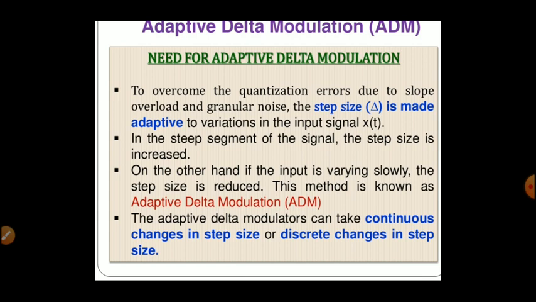On the other hand, if the input is varying slowly, the step size is reduced. This method is known as adaptive delta modulation. Adaptive delta modulators can take continuous changes in the step size or discrete changes in step size.